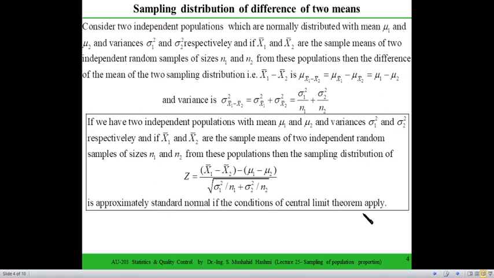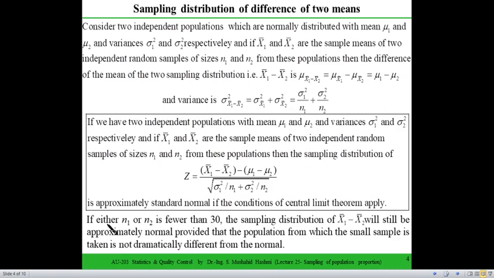We have already seen that the central limit theorem says that if you have a population with any distribution, and you take its sample mean and your sample size is greater than 20 or 30, some higher value, then your sample mean would also be from a normal distribution. So since the difference of the sample means would also be a normal distribution, we can calculate the corresponding probability from this z value.